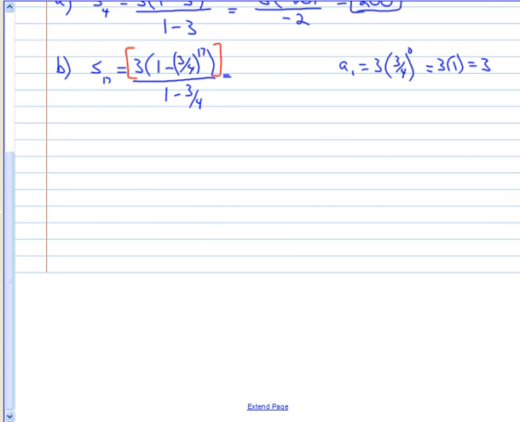You have to tell your calculator where the numerator is. You will need a set of parentheses where the parentheses are in the problem, and also around the 3/4, because we have to tell it the 17th power is going on the 3/4 only. And then you'll need a set of parentheses around that denominator, or you could do that in your head. 1 minus 3/4 is 1/4.